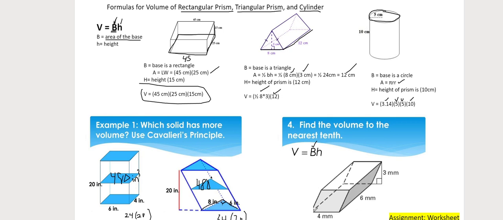So the base again, we have that this is 4, the width, and then 6. So I'm looking at the bottom part, and that is 6 times 4 is 24. And all I have to do is multiply that by 3, the height, and 24 times 3 is equal to 72. And so the volume here is 72 millimeters cubed, okay, cubed, because it's volume.